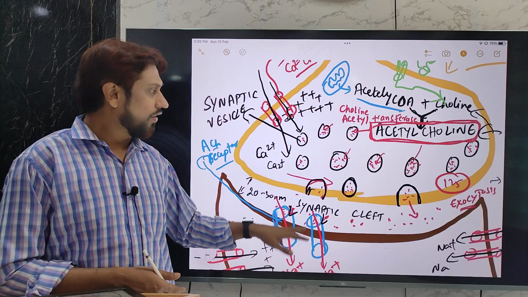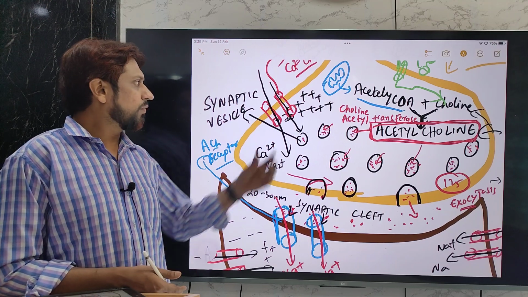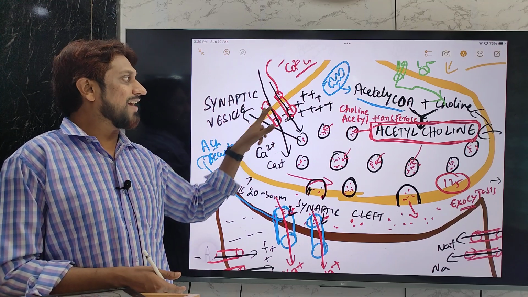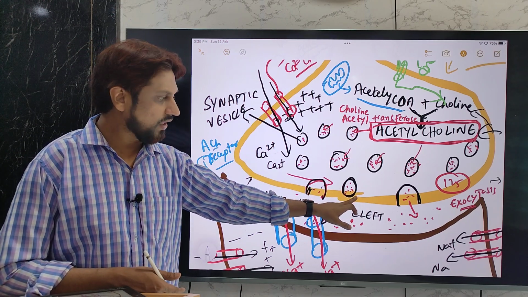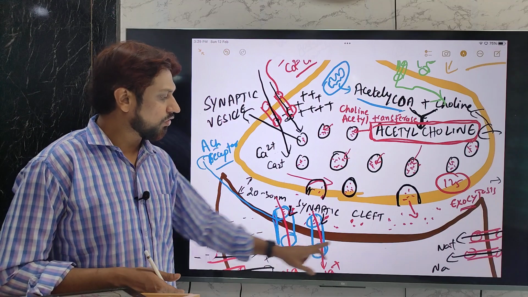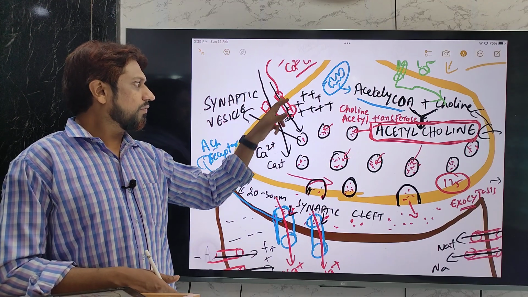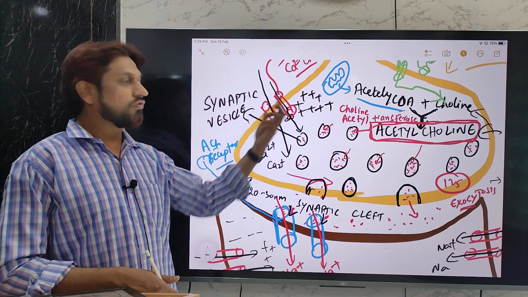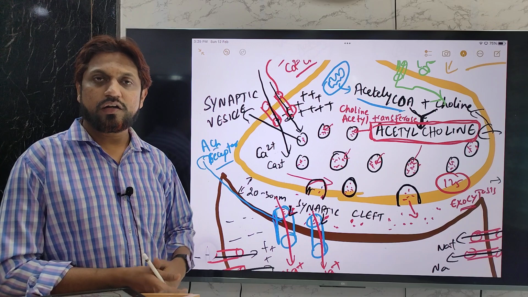That is myasthenia gravis. Similarly, in one disease known as Lambert-Eaton syndrome, there are autoantibodies against the calcium channels in the presynaptic membrane. This is known as the presynaptic membrane, that is the nerve membrane. This is known as the postsynaptic membrane or the motor end plate, the muscle membrane. When these calcium channels on the presynaptic membrane are destroyed by the autoantibody, this disease condition is known as Lambert-Eaton syndrome.